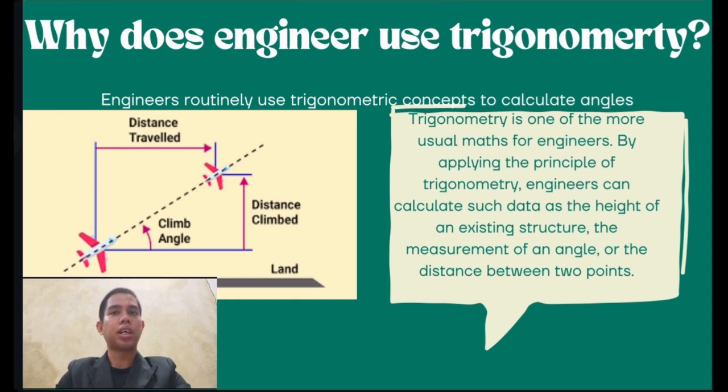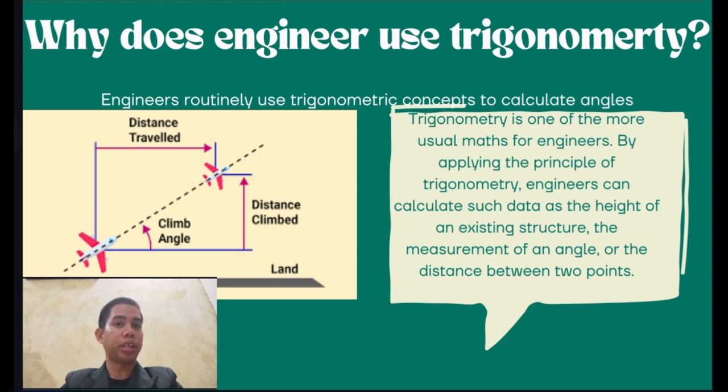So as you know, engineers routinely use trigonometric concepts to calculate angles. So why do they use this? They use this to calculate things like heights of an existing structure or an angle between 2 points. So here we have an aeroplane taking off.